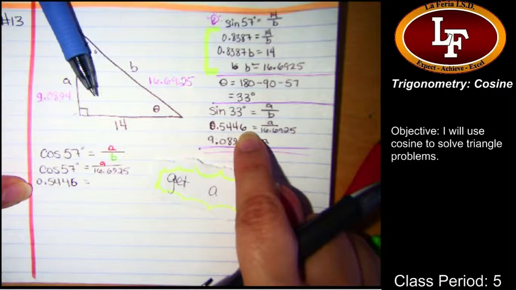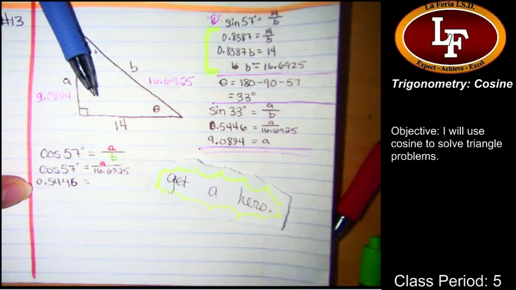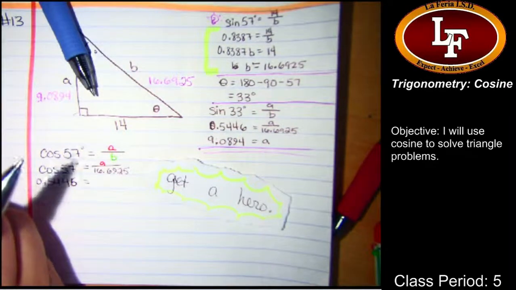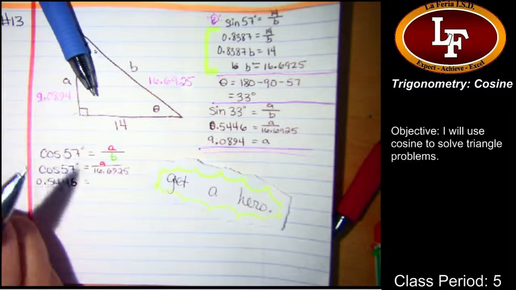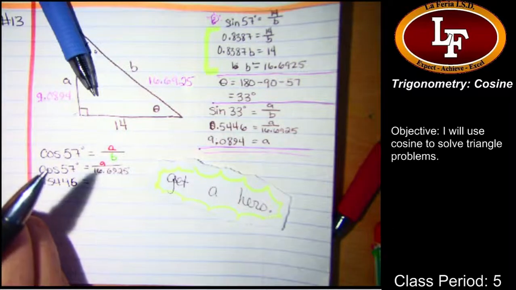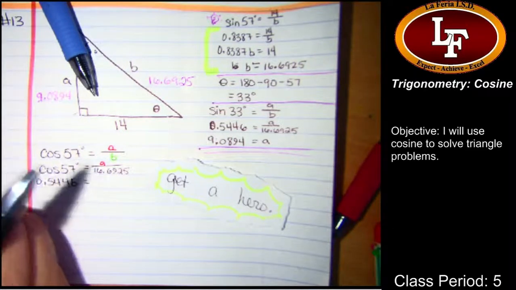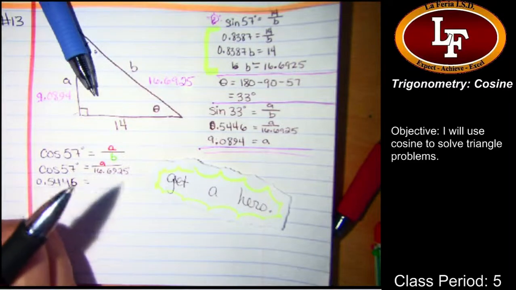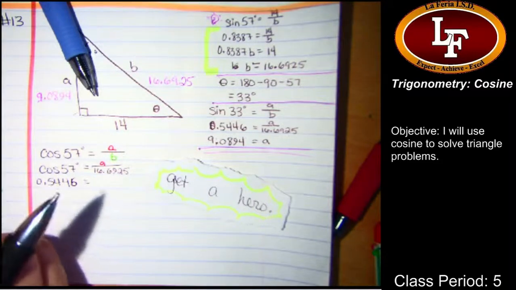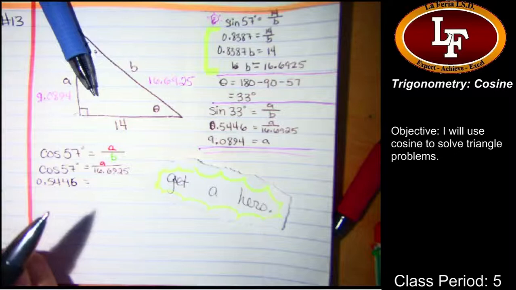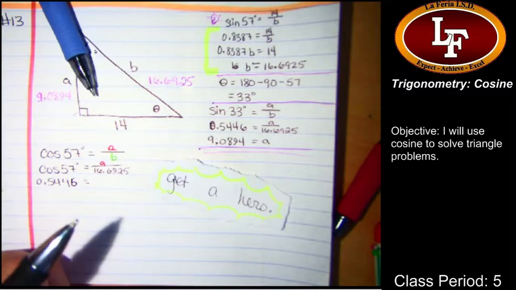That's kind of an important moment, so hang on to that moment. Note, the sine of 33 degrees is equal to the cosine of 57 degrees.